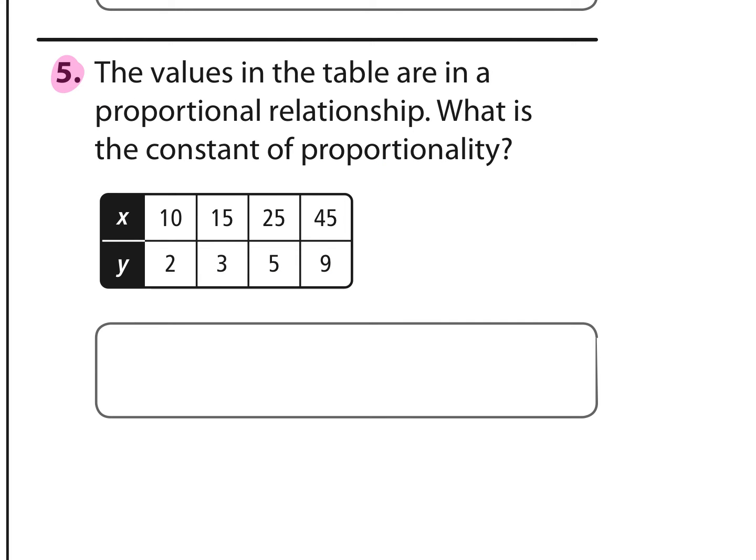Number 5, the values in the table are in a proportional relationship. What's the constant of proportionality? Well, remember, the constant of proportionality k is equal to y divided by x. So we could see what y divided by x is every time. For the first ordered pair, that'd be 2 divided by 10, which is 0.2. And it should be the same for all of them.